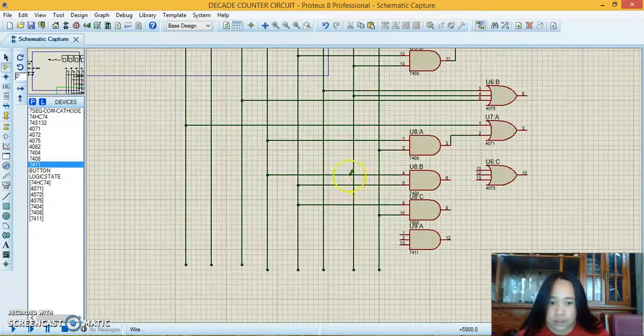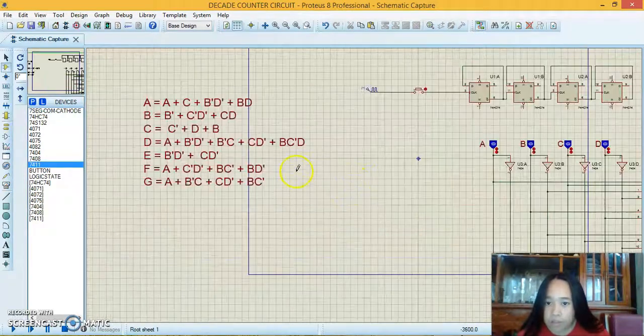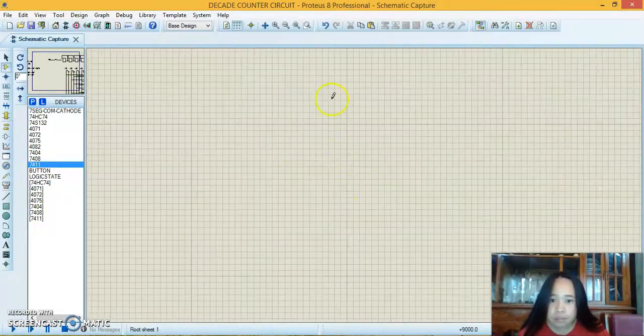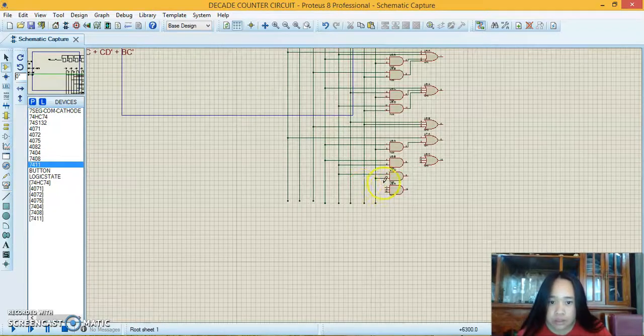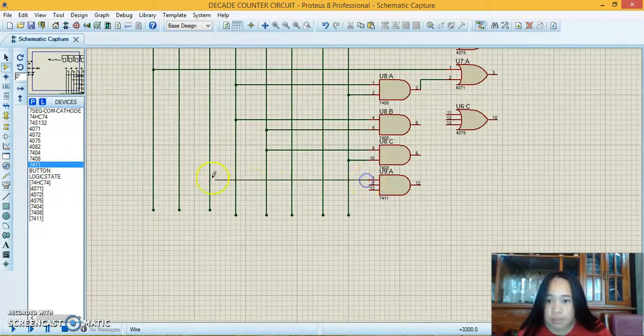Next is the B C prime D. Let us connect this one here.